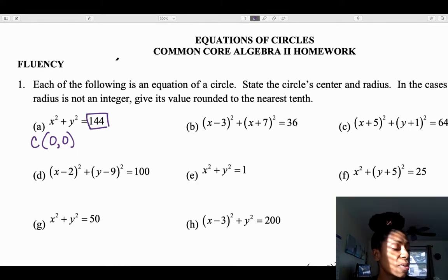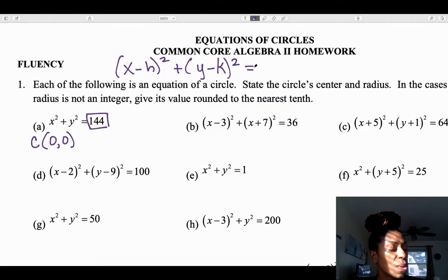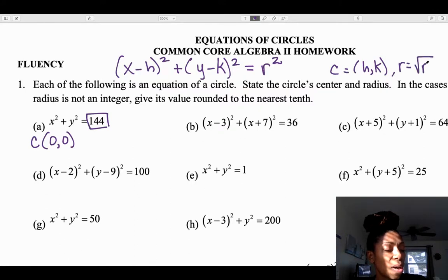The format of the equation of a circle is (x minus h) squared plus (y minus k) squared equals the radius squared, where the center is (h, k) and the radius is the square root of r squared.